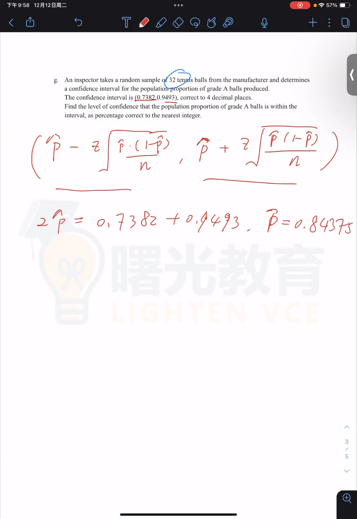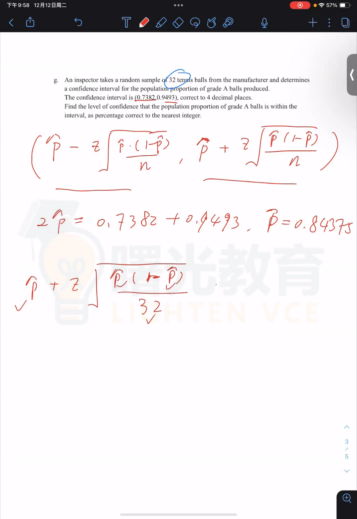And then, after we find out the p hat, for the z-score, for the margin error part, we would have p hat plus the z value times the square root of p hat times 1 minus p hat out of the 32. Now, p hat, you know it.